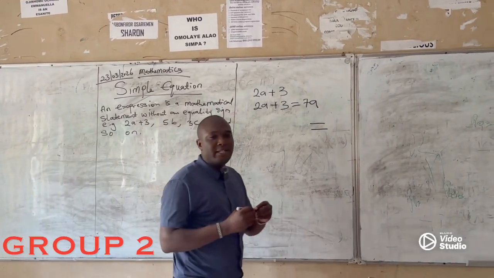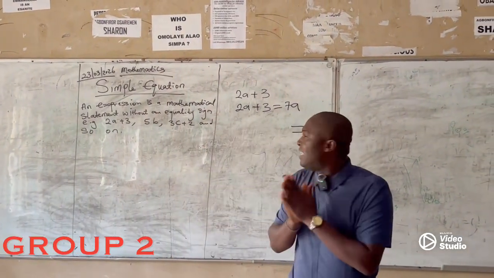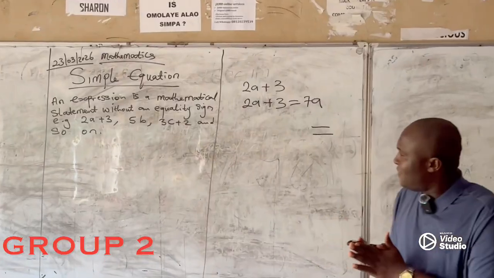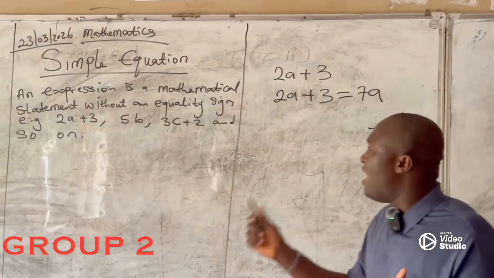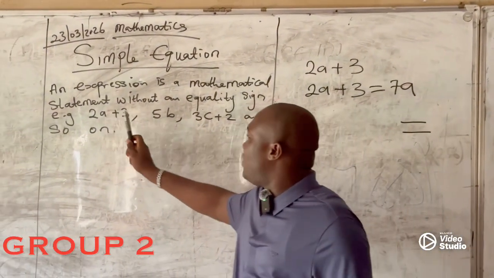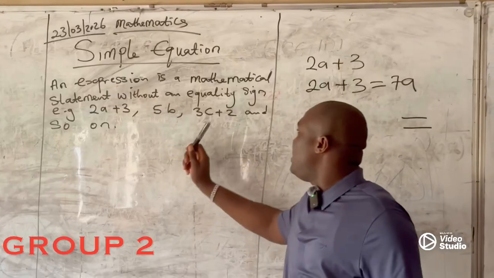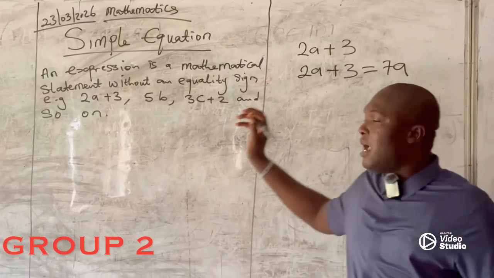You can see when there is no equality sign, that is an expression. Just like the way we have 2a plus 3, 5b, 3c plus 2, and so on.